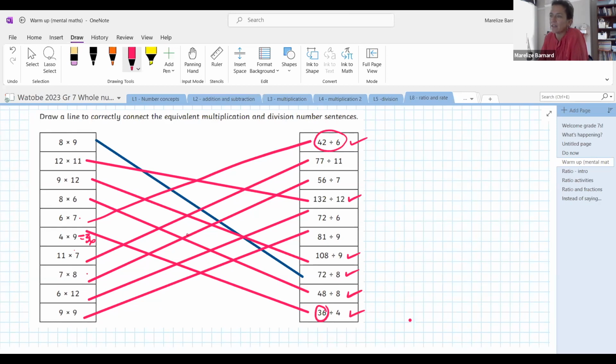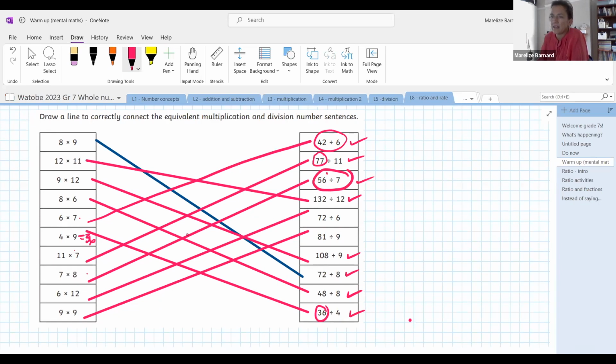And 11 times 7 is 77. So here we go to 77. So 77 divided by 11 goes with 11 times 7. And then 7 times 8 is 56. So we go here to 56 divided by 7.